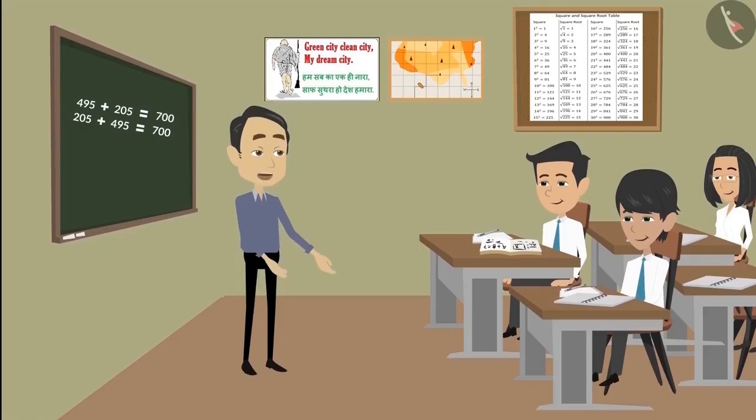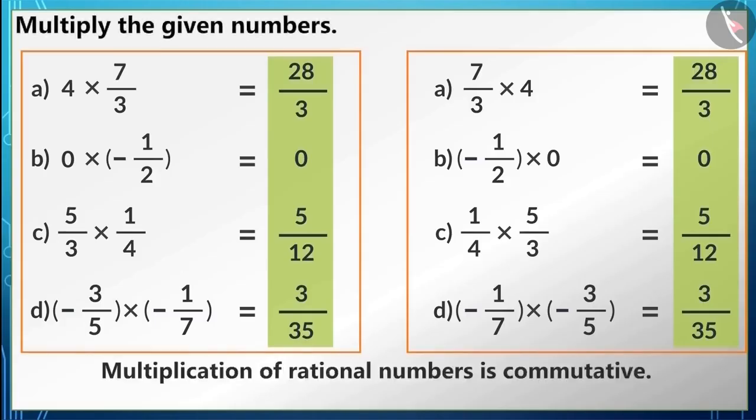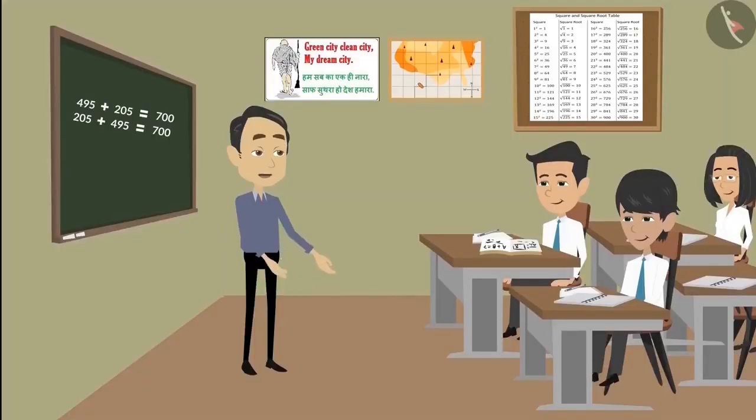You are right, Mohan. This is because the multiplication of rational numbers is commutative. We can say that a multiplied by b is equal to b multiplied by a for any two rational numbers a and b. Children, now let's check the commutative property of rational numbers in division.